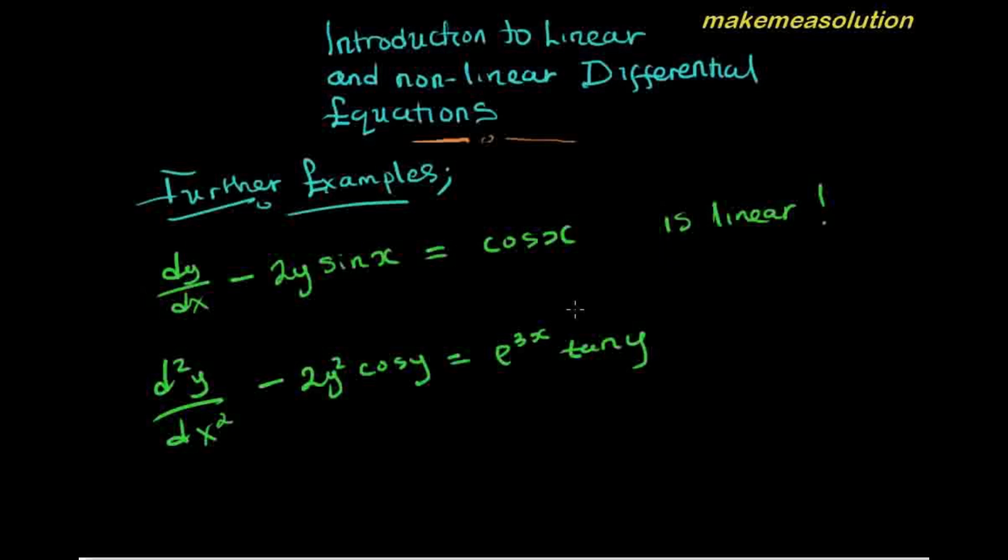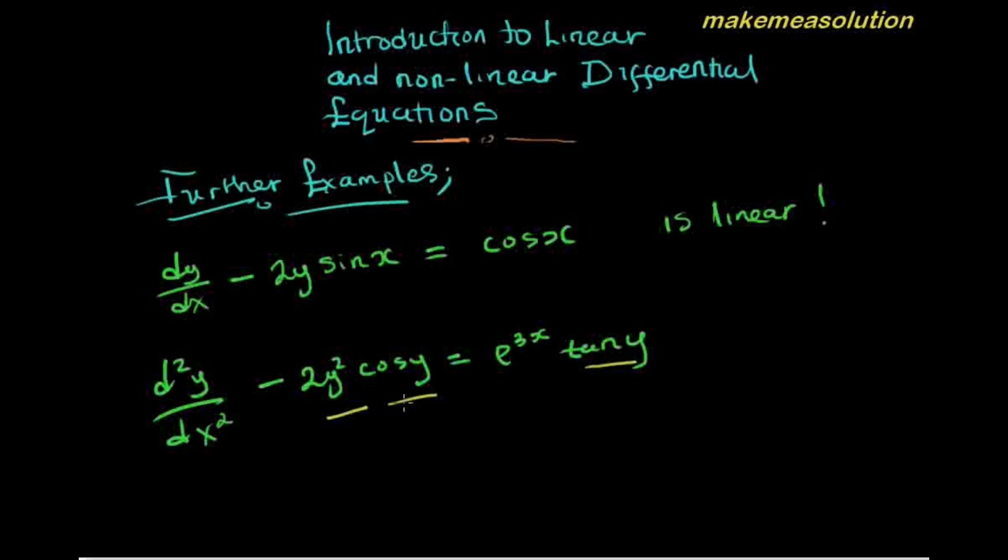Now you see something like this and you want to check if this is actually linear or non-linear. Based on those three criteria, you can see that in this particular term the dependent variable has a power of 2. And you can see in these particular terms here we have a cos y and a tan y.